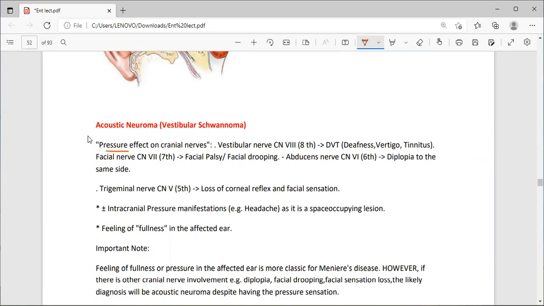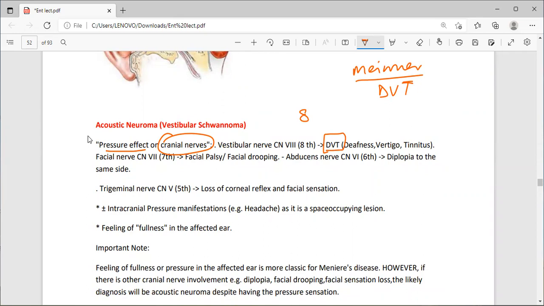There will be pressure effect on the cranial nerves. Look, the main point is the pressure on the vestibulocochlear nerve, which is the 8th, and because of the compression of the vestibulocochlear nerve, you will develop these signs, DVT. One more thing, I told you that whenever DVT is present, you will consider the patient is having Meniere disease.